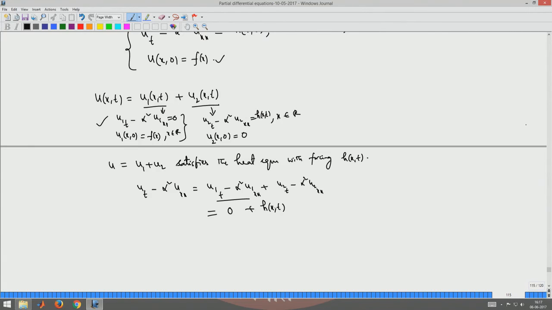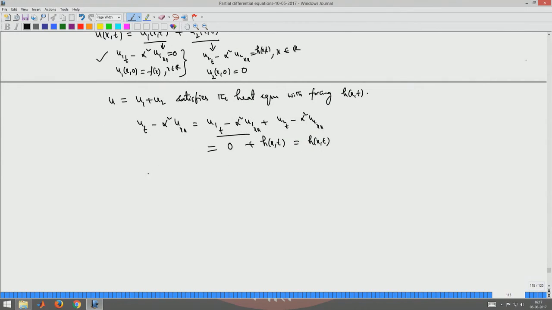I just split it into two problems. So u satisfies the non-homogeneous equation, and u at x 0 is the same as u1 at x 0 plus u2 at x 0.